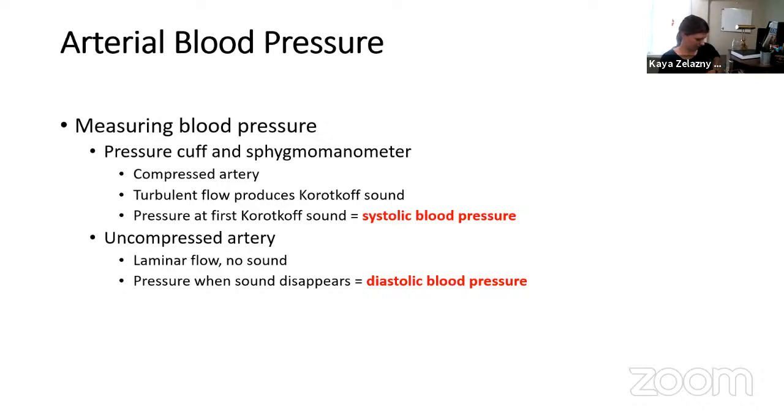Usually now they use one that measures automatically, but we're going to be thinking about how you would do this old school. So you put the blood pressure cuff on the upper arm. Then the other thing you have is something called a sphygmomanometer, which is going to be showing us the pressure changes.